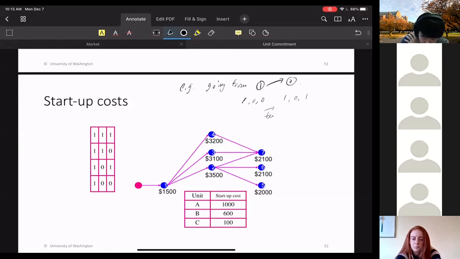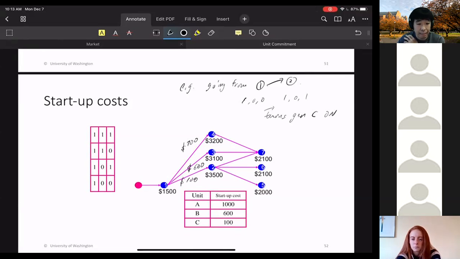So this turns generator C on, and has a cost of 100 if we follow this path. Similarly, if we go from 1 to 3, this has a cost of 600. This line has a cost of 700 because we're turning generators B and C on at the same time.